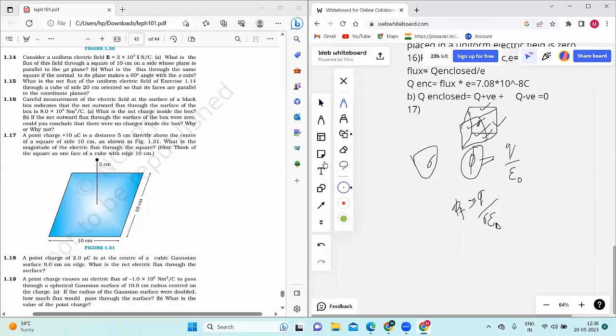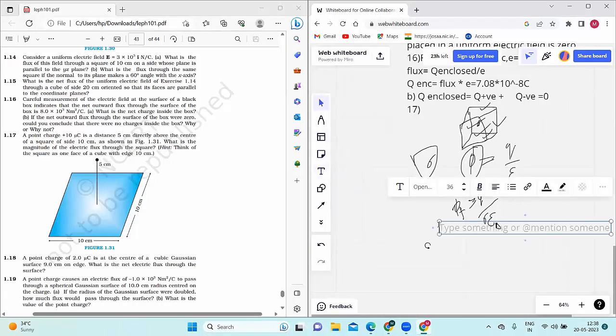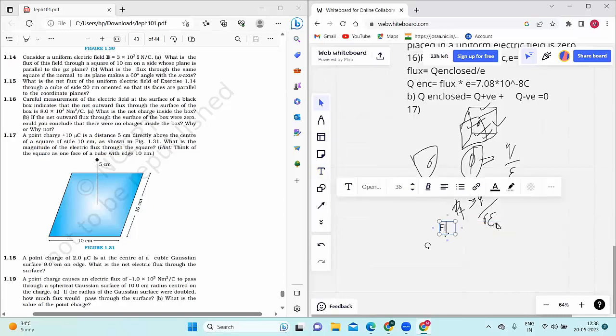So the flux linked with the single face will be q by 6 epsilon naught.